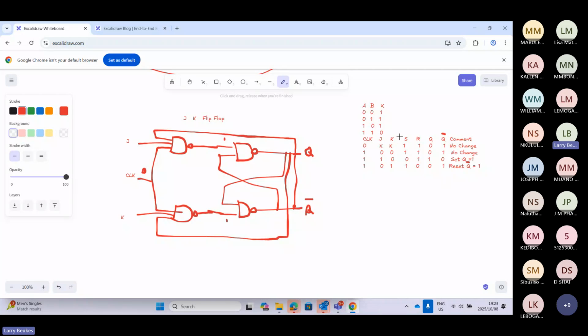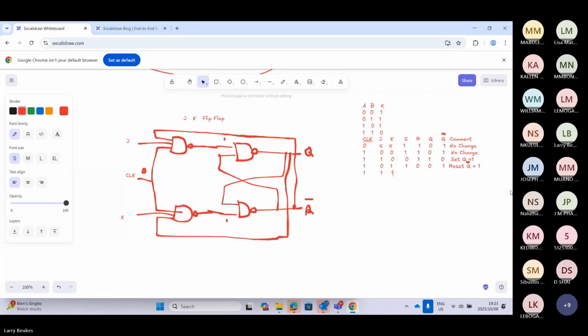So look at this properly. I'm going to show you now. Let me finish, then I'm going to show you the trick. 0, 1, and then let's go to 1, 1. So this is the purpose of the JK flip-flops, right?